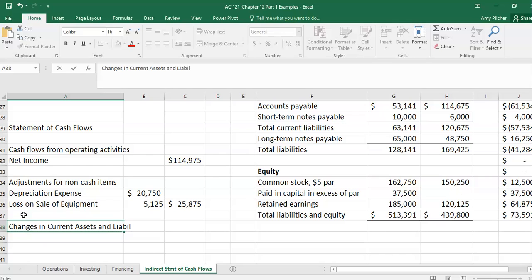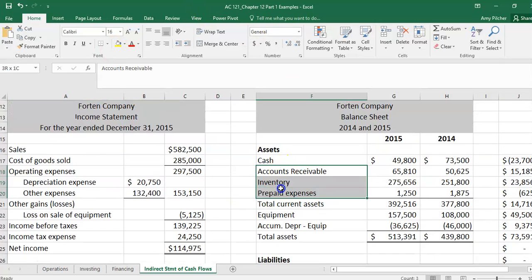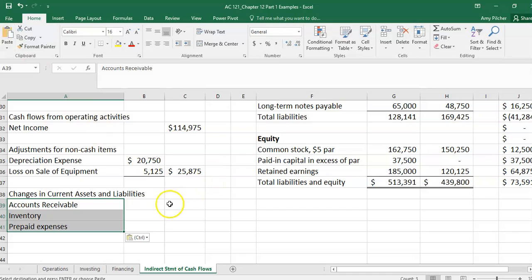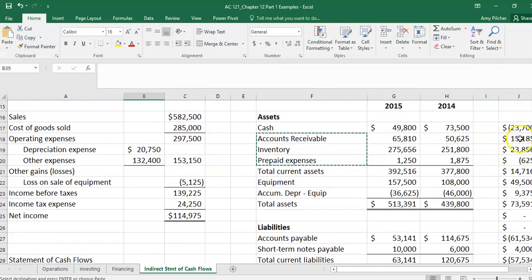and liabilities. So we have current assets, we have accounts receivable, inventory, and prepaid expenses. So first, accounts receivable. So we have an increase of $15,185.